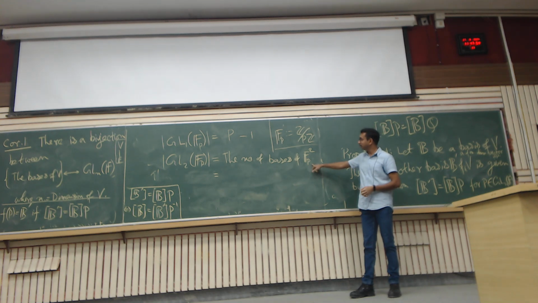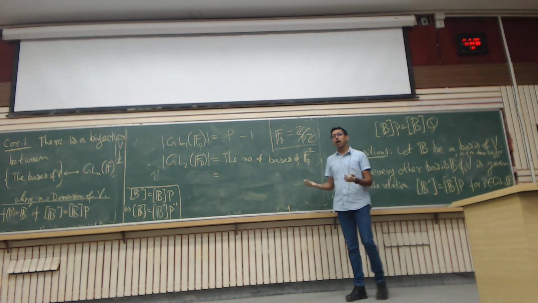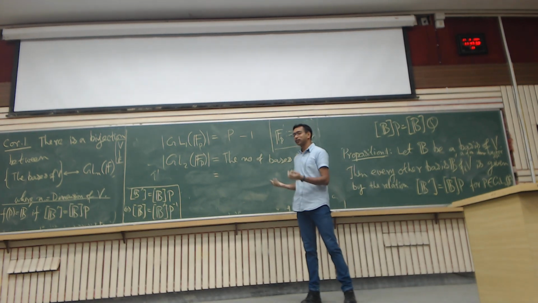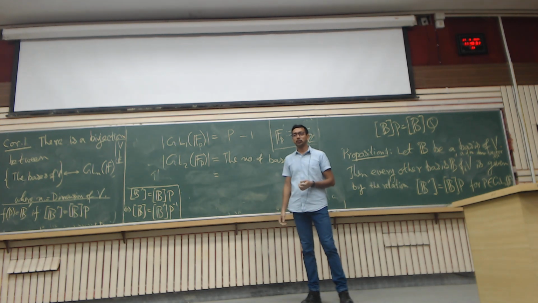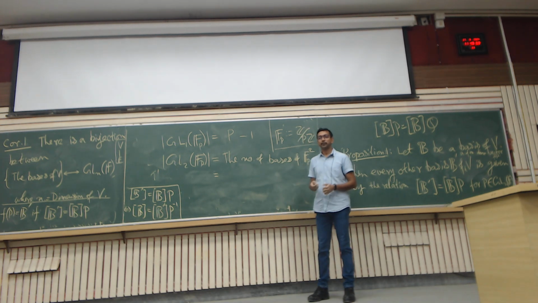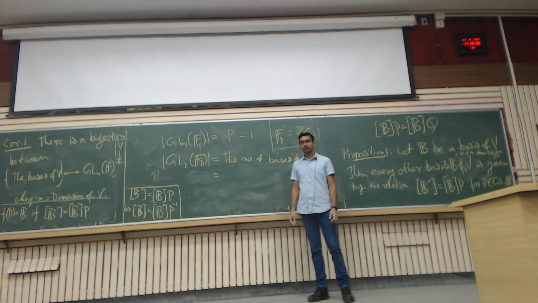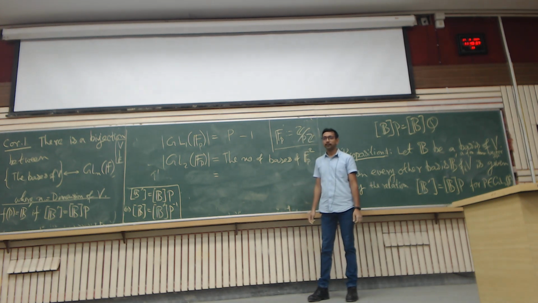So all you have to figure out is how many linearly independent pairs of two vectors you could have in FP squared. So like the total number of combinations we can make from FP is like P into P minus 1.